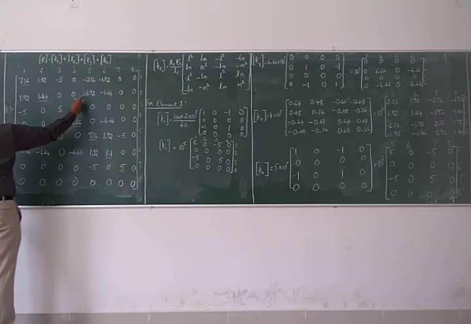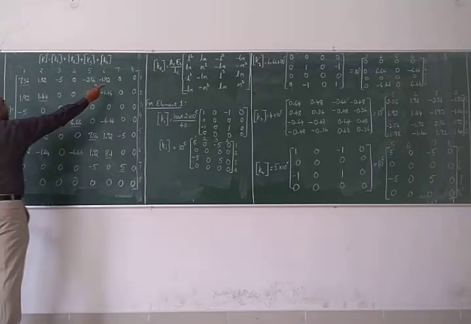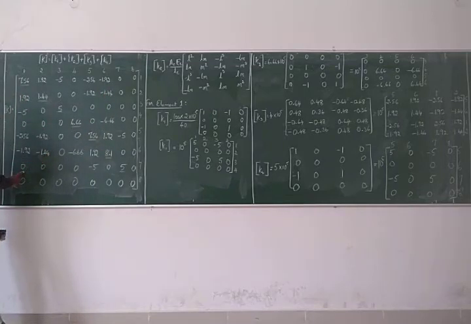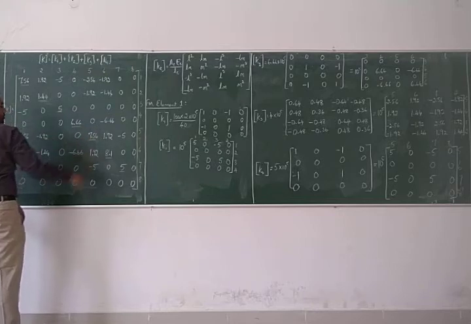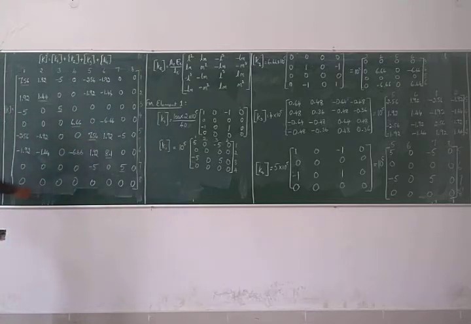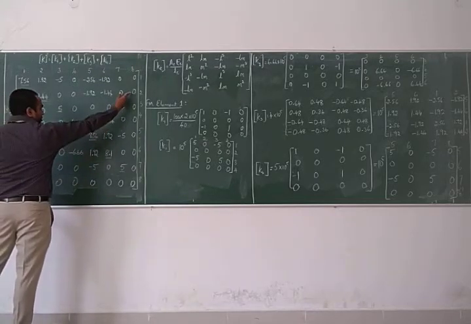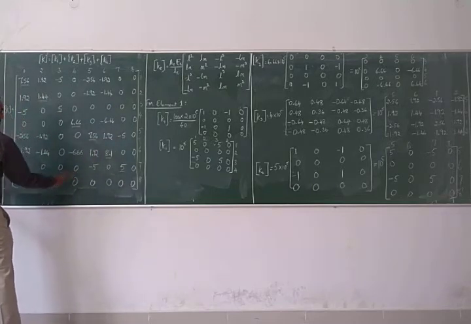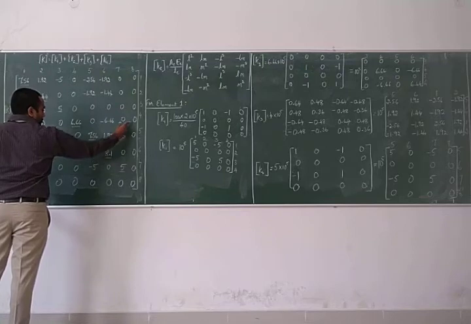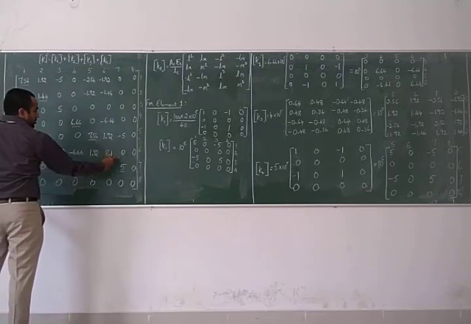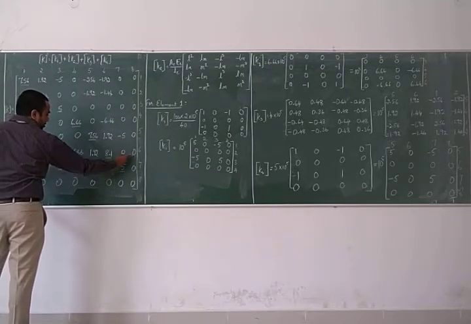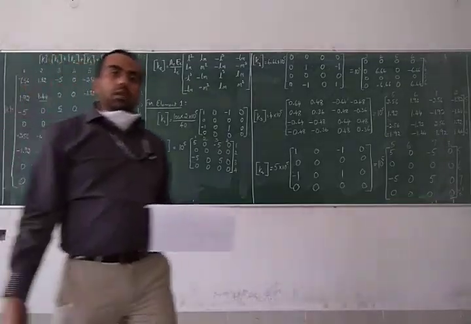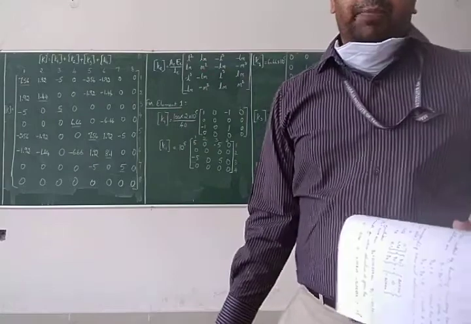Then 0, -1.44, 0 on both sides. Next, -6.66, 0, 0 on both sides. 1.92, 0, 0, 1.92, 0, 0, -5, 0, -5, 0, 0 and 0, 0. It is correct. So this is the global stiffness matrix.